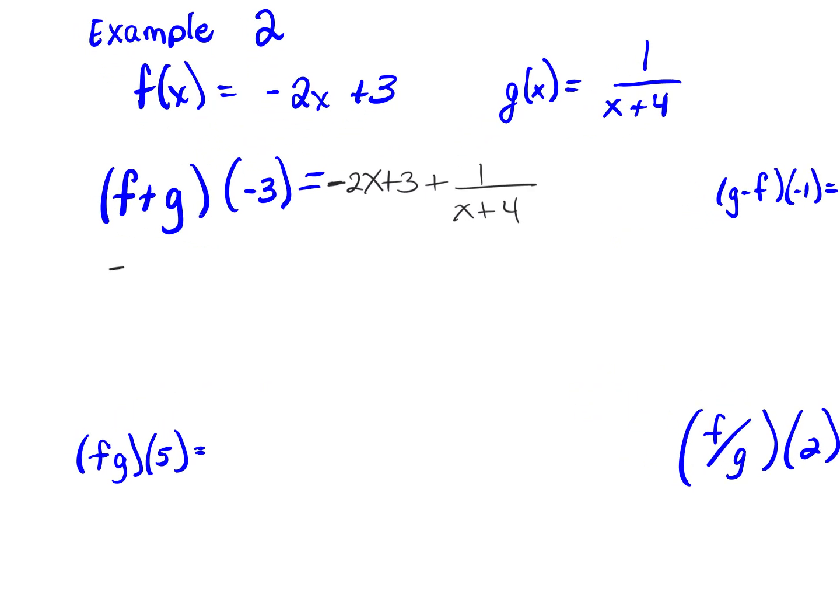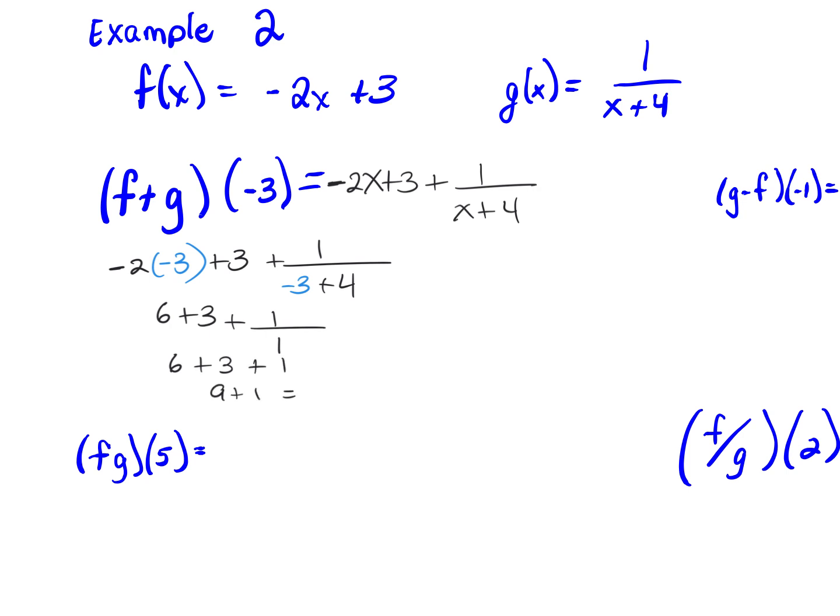That's going to be negative 2 times negative 3 plus 3 plus 1 over negative 3 plus 4. So that's going to become 6 plus 3 plus 1 over 1. So it's 6 plus 3 plus 1. So that's going to be 9 plus 1, and that gives us 10. So our solution is 10. If you want to write it in the full format, it would be f plus g of negative 3 is equal to 10.